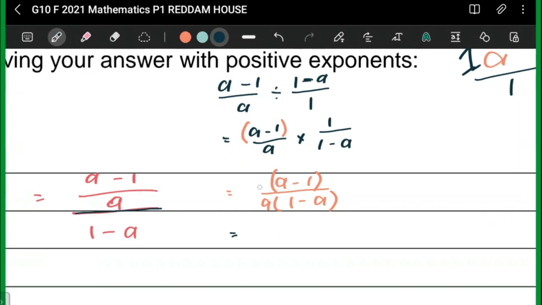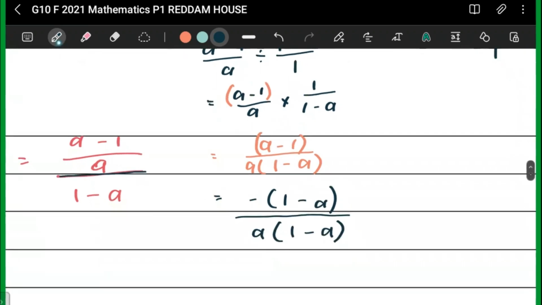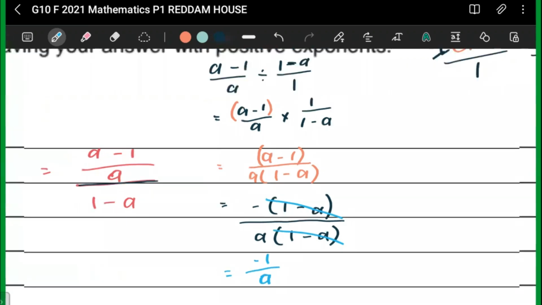If you take out a negative at the top and you swap them around, you have this now. At the bottom, you have something identical to cancel with. And then here, this just cancels that. You have negative 1 over a. There you go. Your answer has positive exponents.